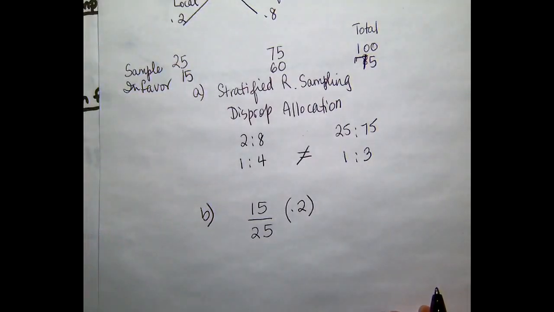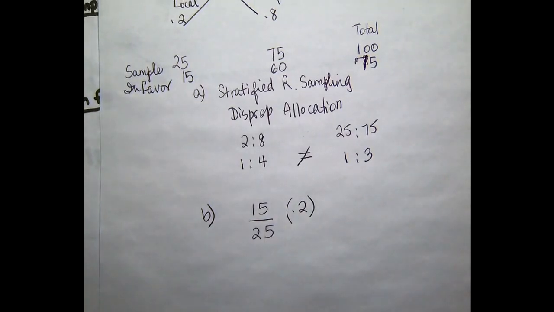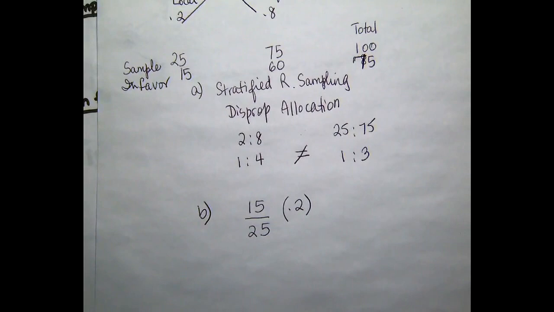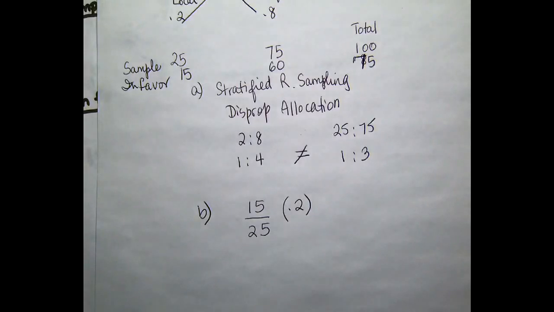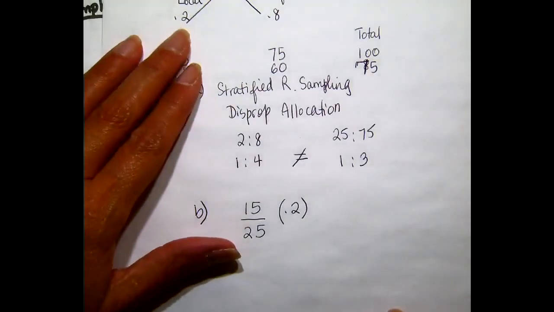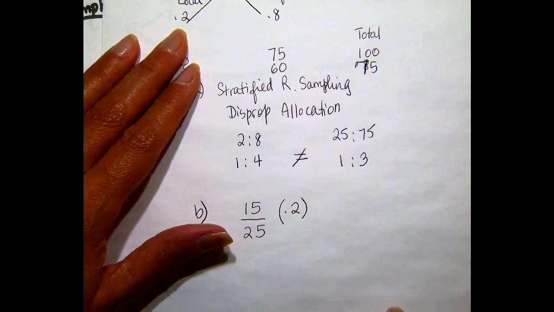See, in the previous problem with the freshmen and the sophomores, they gave me the raw data, like 50 freshmen out of 350. So I was able to say 50 divided by 350 is 1/7 of the population. But here I already know that this is 20%, so 1/5 of the population. So I don't have to do that.